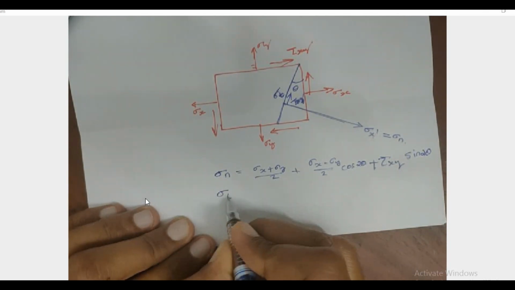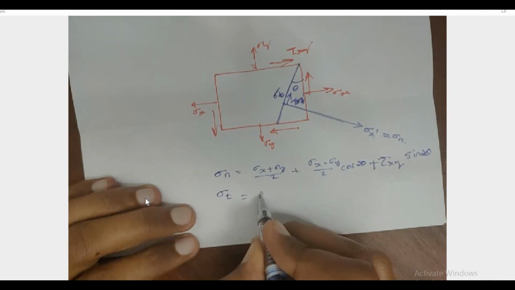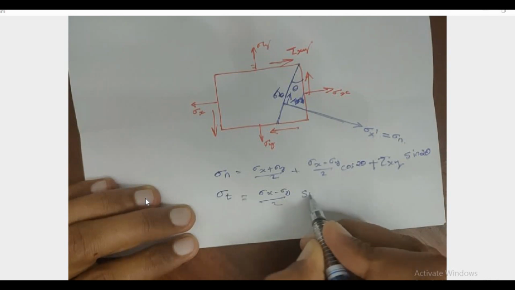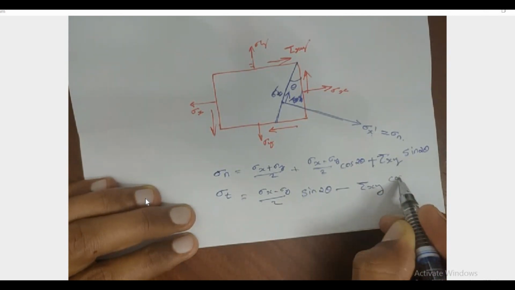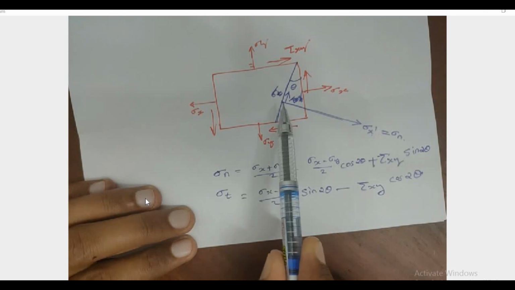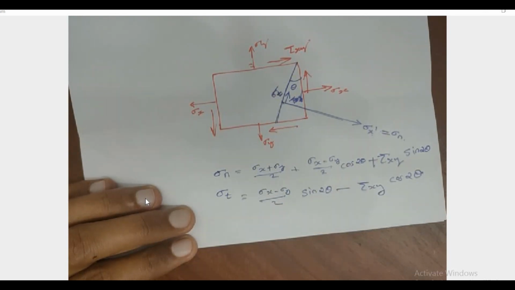Similarly, sigma t equal to (sigma x minus sigma y) by 2 into sin 2 theta minus tau xy into cos 2 theta. So using these two equations, we can calculate the normal stress and shear stress on this inclined plane.